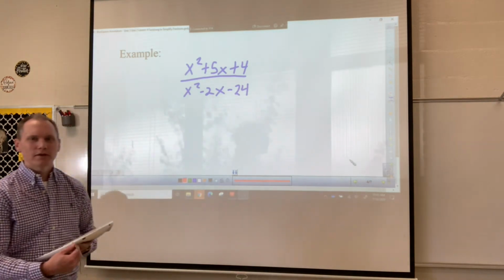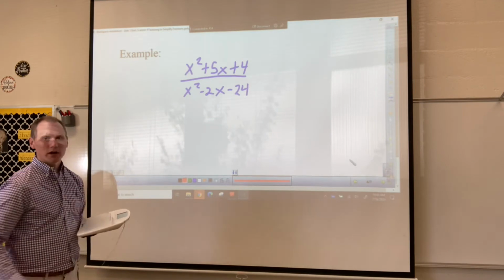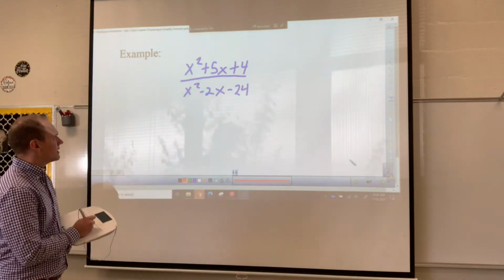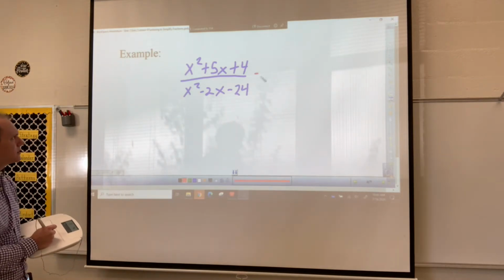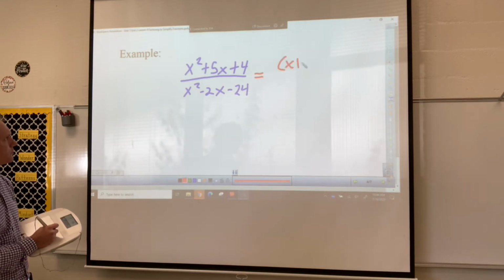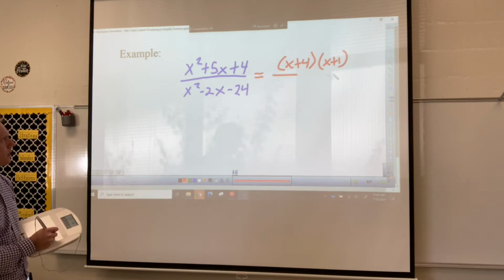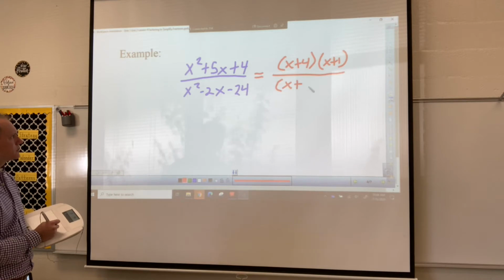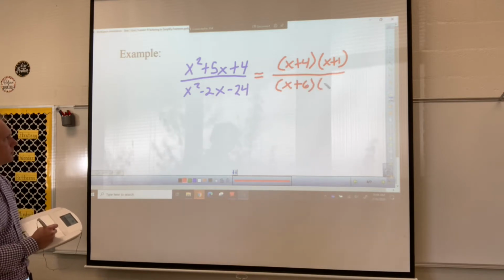Okay, with this one, we can factor the quadratics just like we factored the numbers in our last example, and see if there's a common factor in both the numerator and denominator. For the top, if we factor this into x plus 4 times x plus 1, the denominator factors into x plus 6, x minus 6, and x plus 4.